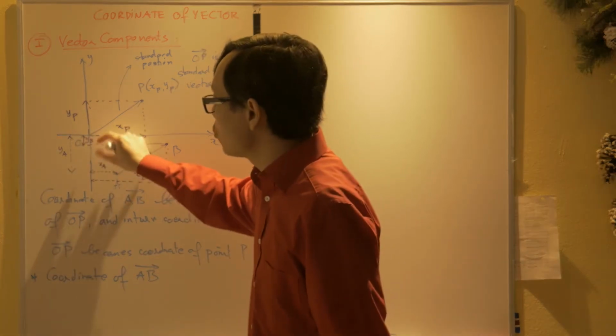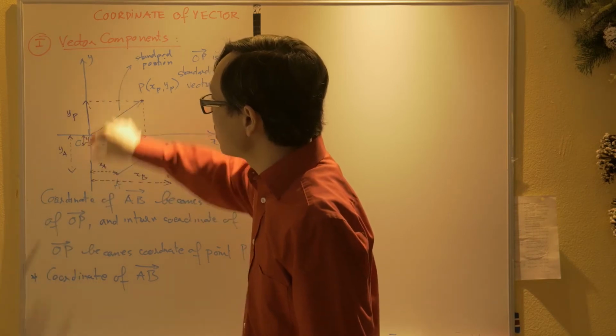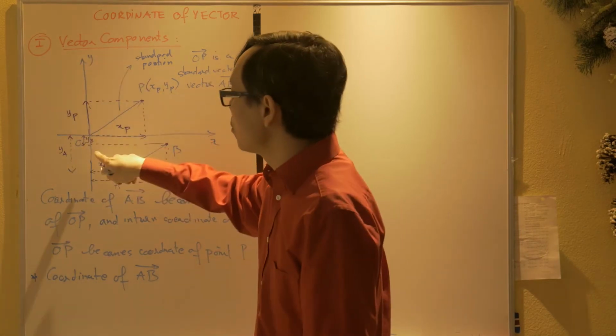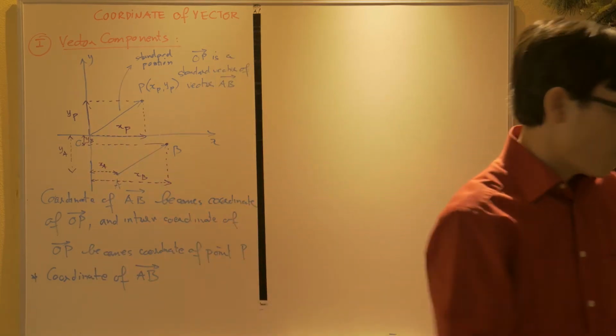Instead of ya minus yb, which gives you that distance, because ya minus yb is the different direction, we have to take yb minus ya.